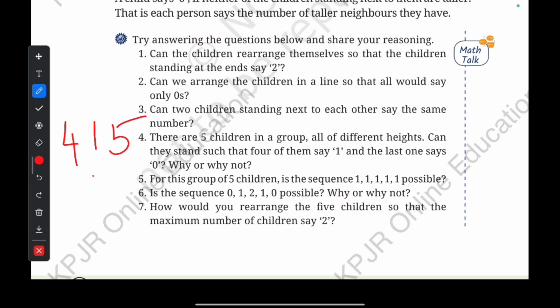Understood? The child of height 2 will be arranged between 5 and 3. Got it? Any doubt till this? So, understood?